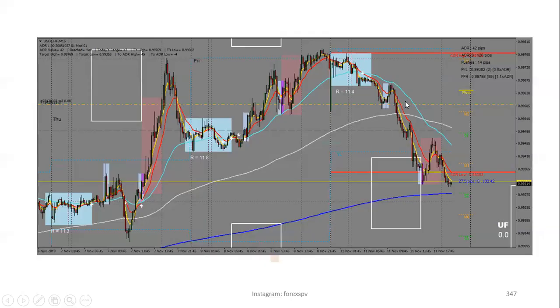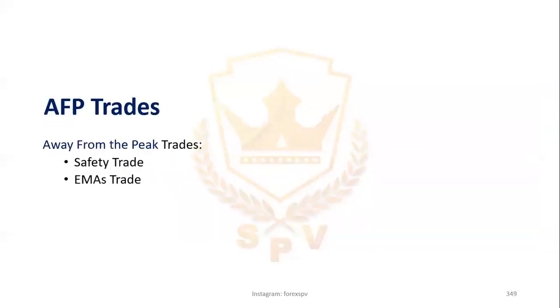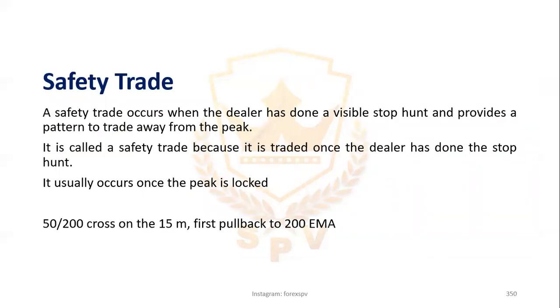There is where you enter your trade. So it's also a peak trade, but I usually take it after 13 and 50 crossover. The market moves away from it, and then first pullback towards the 50 MA. Our reversal pattern and our entry confirmation would give us our entry.